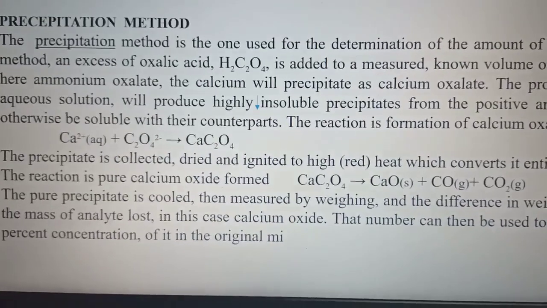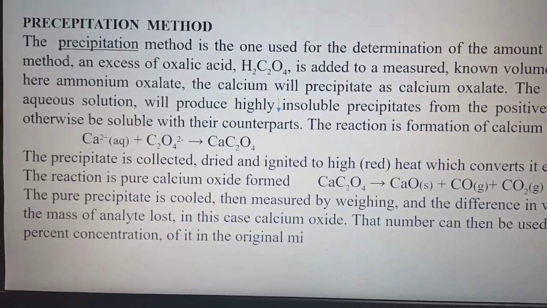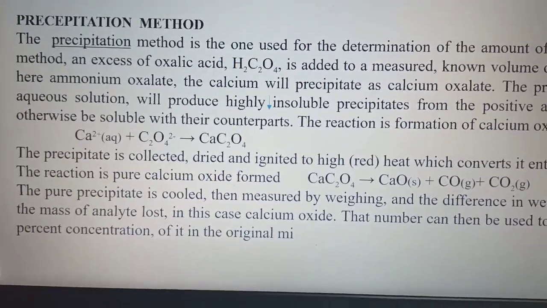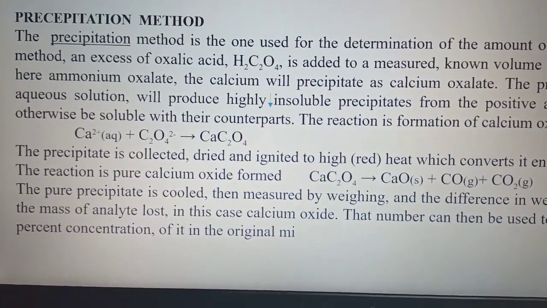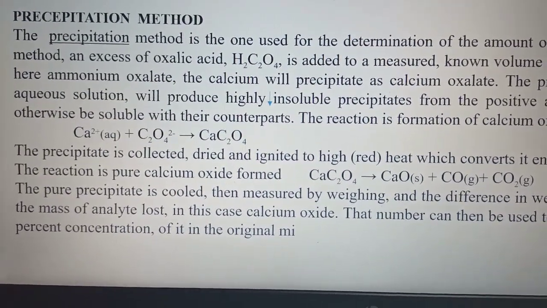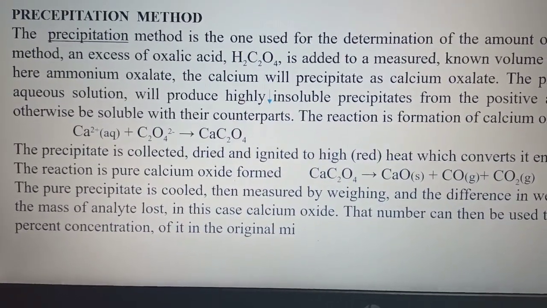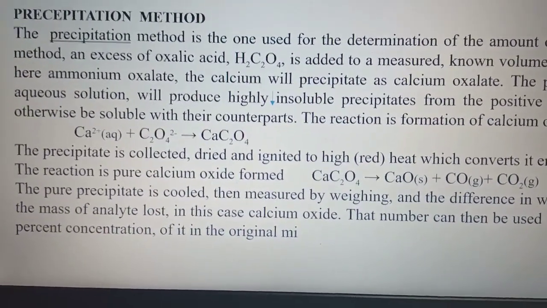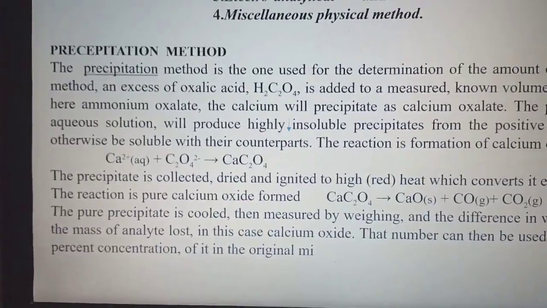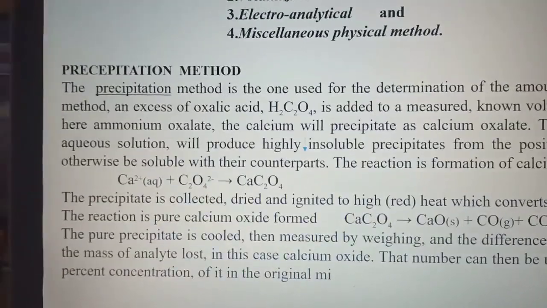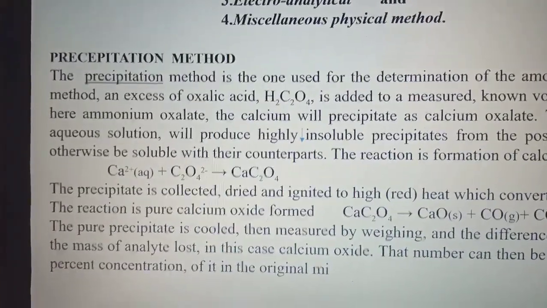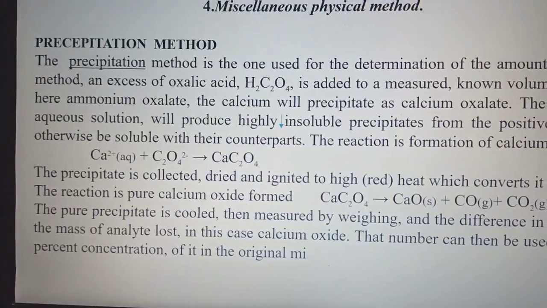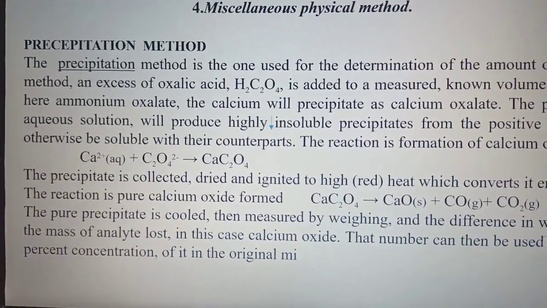Precipitation is a process in which the ion present in a solution is converted into a solid particle, the precipitate, and then into a known mass. Then chemical methods are used to determine the precipitate formed during the reaction.